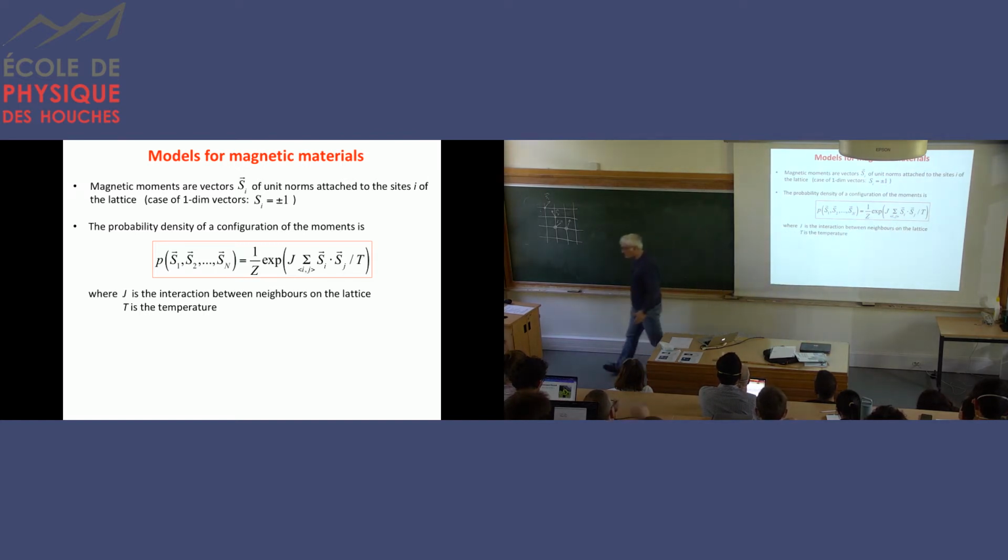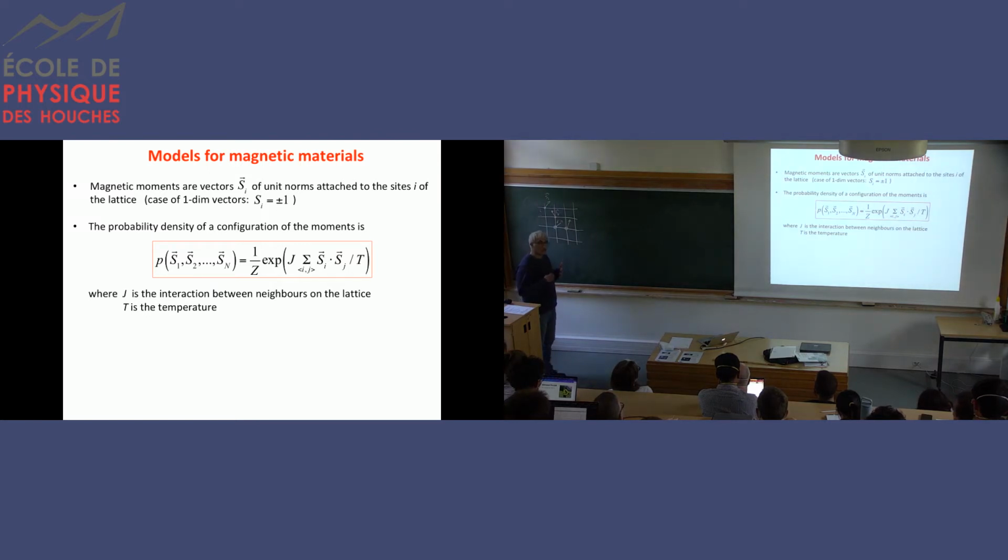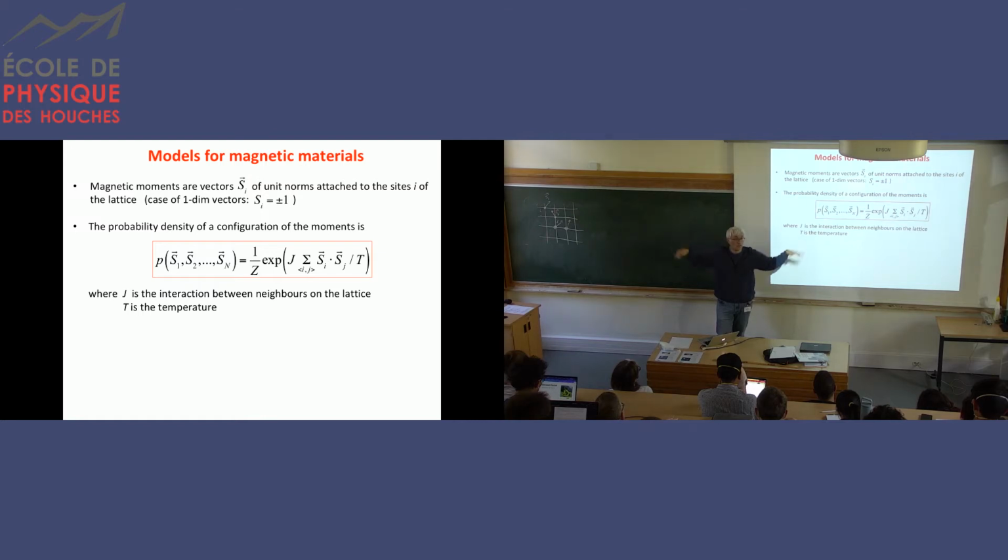So this is a very classical model in statistical physics. And you see exactly what it's going to do. Suppose you start with very high temperature, T is very high. Essentially what is inside the exponential is vanishing, which means that all these configurations of unit vectors are equally likely. They can just rotate on each site independently from each other.